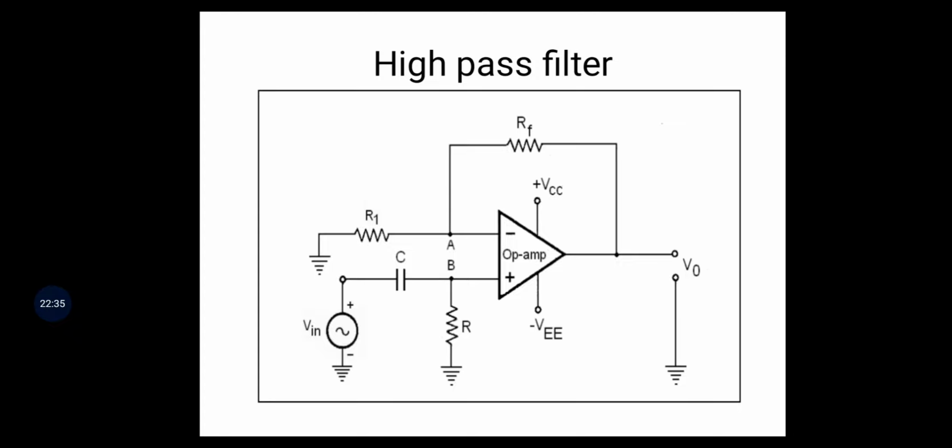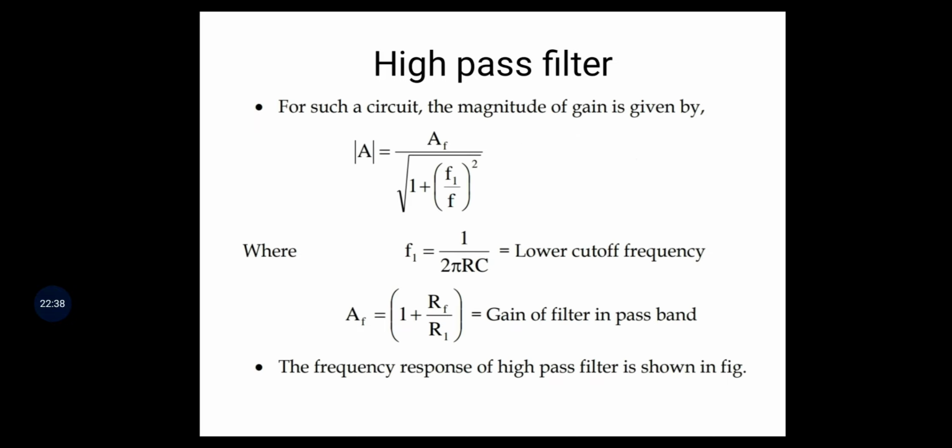Here V0 by Vi equals, V0 equals (1 plus RF by R1) times j2πfRC by (1 plus j2πfRC) into Vi. Therefore the gain of the filter V0 by Vi equals AF times j f by FL divided by (1 plus j f by FL).